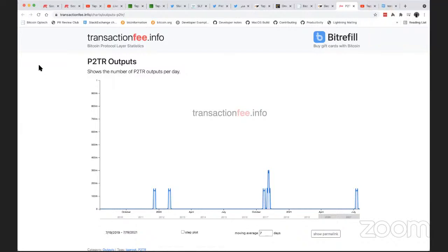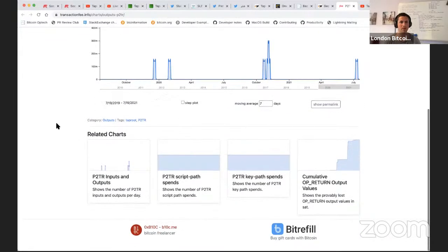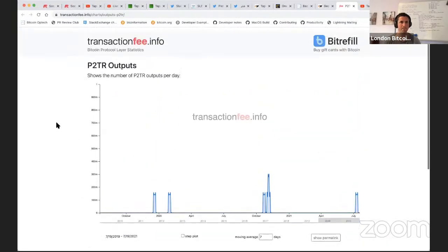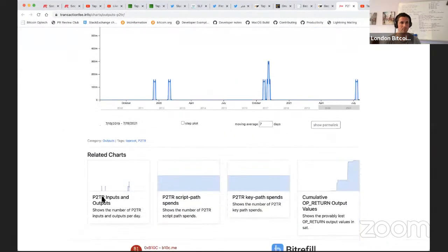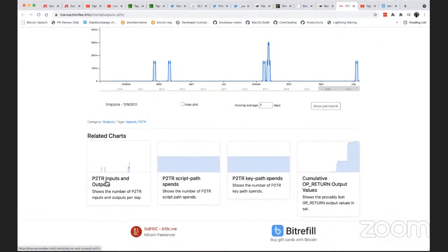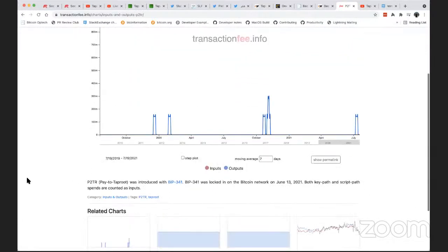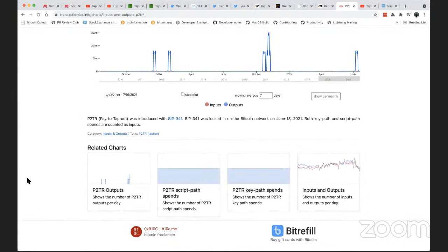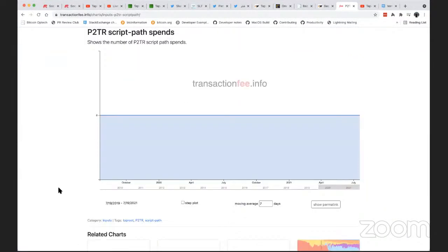Okay, so yeah, my site does support Taproot outputs and inputs, both key path and script path spends. For now, of course, there aren't any spends yet, but there are some outputs, as you can see on screen.